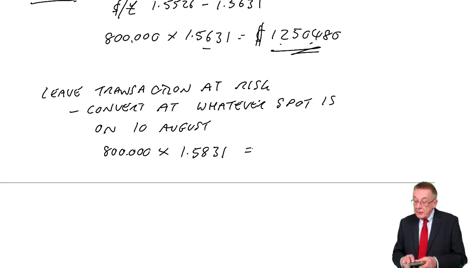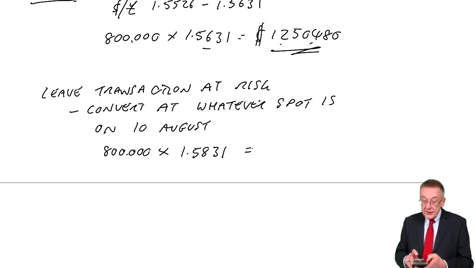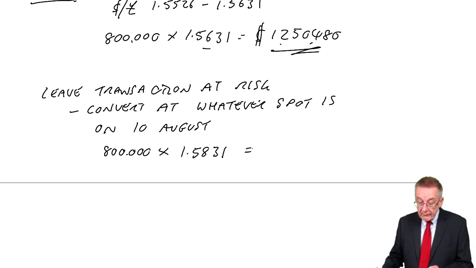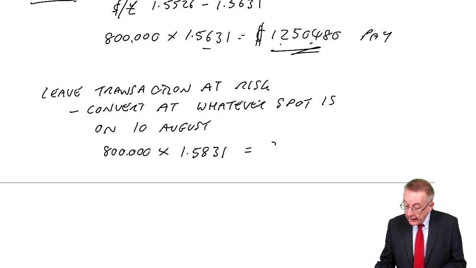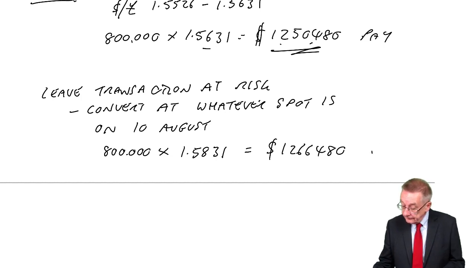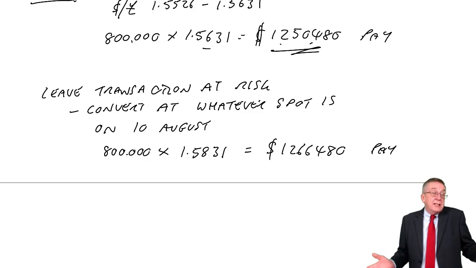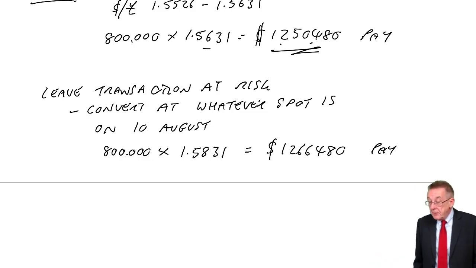And so how much would we have to pay? 800,000 times 1.5831. These are payments, appreciate. So we'd have to pay 1,266,480.